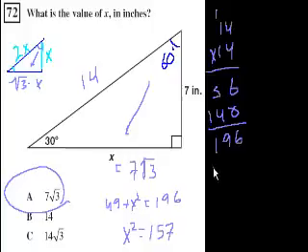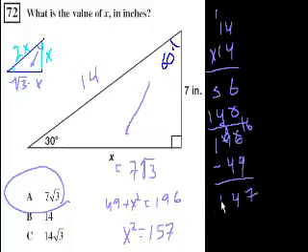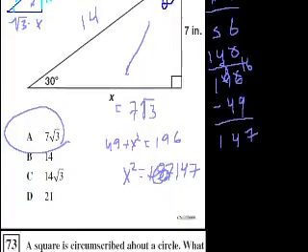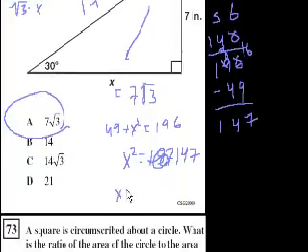And then if you were to subtract 49 from that, this is an 8, this is a 16, we have a 7. Sorry, 147. Yeah, it's a good thing I checked that. 147. All right. So x is equal to the square root of 147.